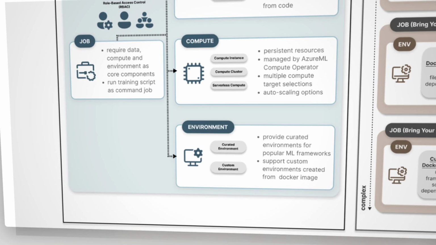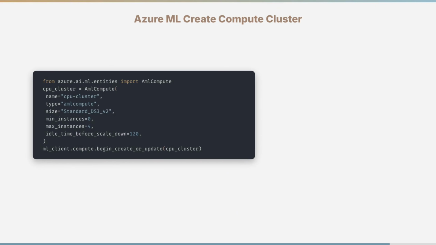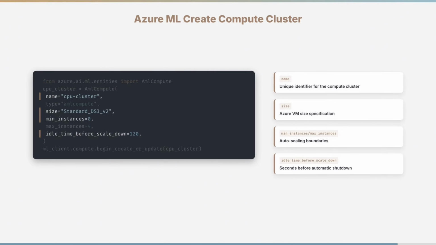To create an Azure ML managed compute target, we create an AML compute object using this code. Type: use AML compute for compute cluster, alternatively, use compute instance for single-node interactive development. Name: specify the compute target name. Size: specify the instance size. Min instances and max instances: set the range of instances allowed to run simultaneously, this is optional.